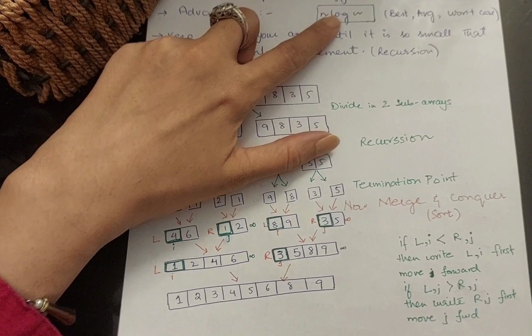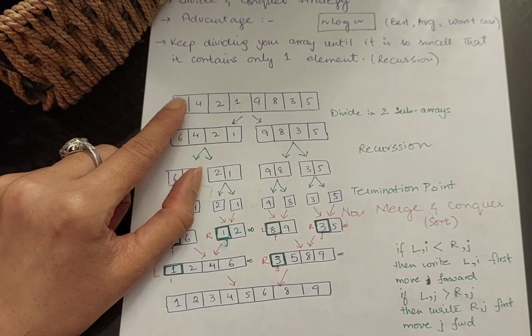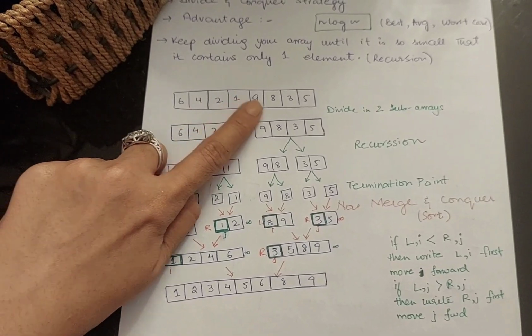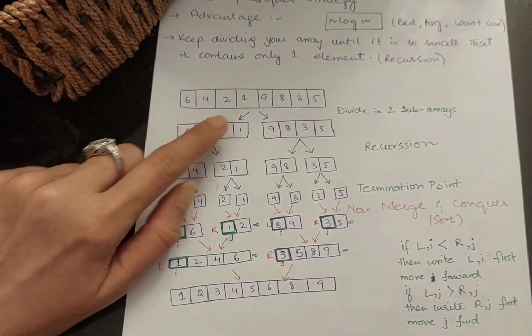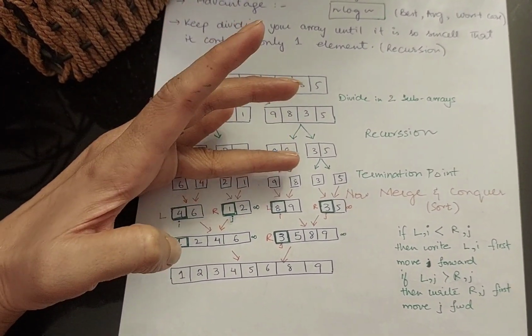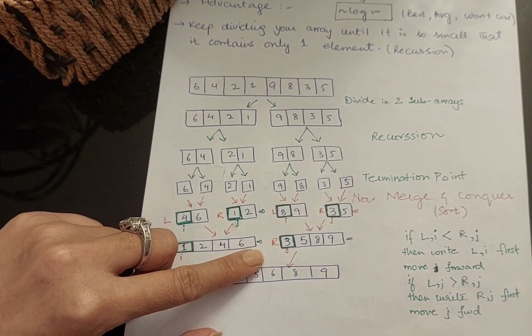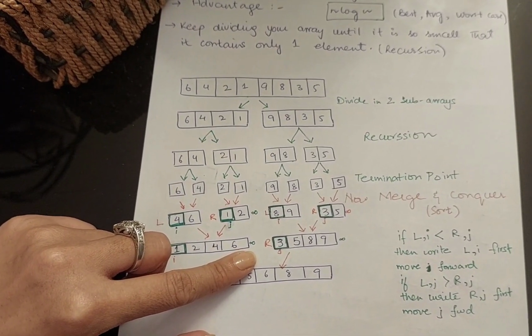Because you had to do this division n number of times. For example, if you had 1 2 3 4 5 6 7 8, so you can see that 1 2 3 4 5 and 6, and if you add into it, you have done it n times.